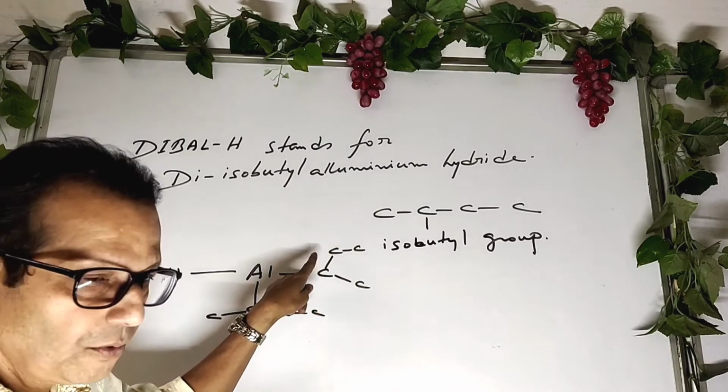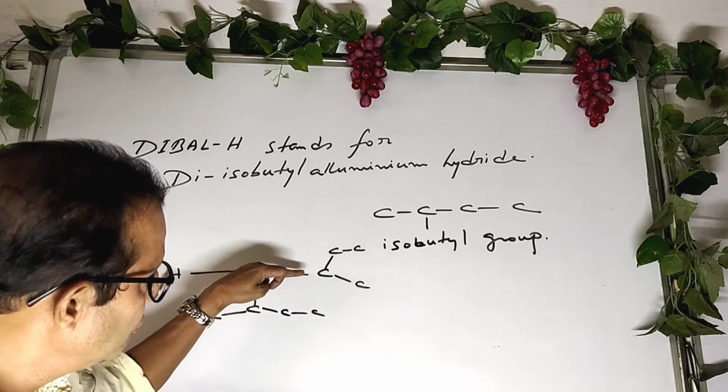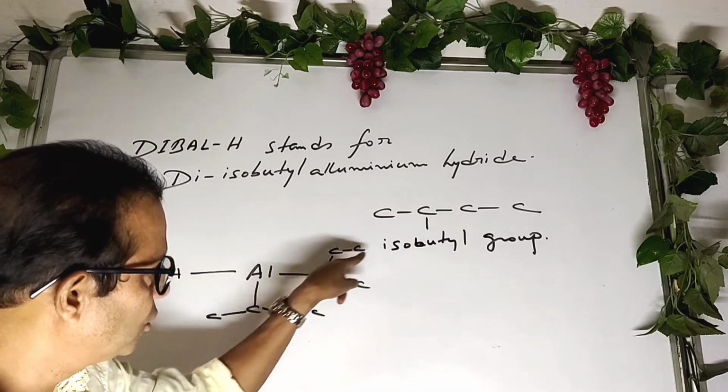So we substitute two hydrogen atoms by two isobutyl groups.